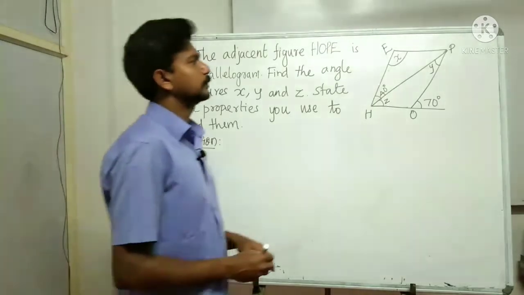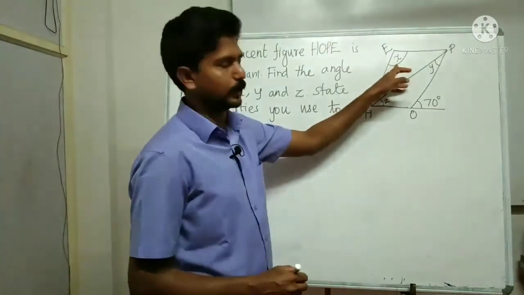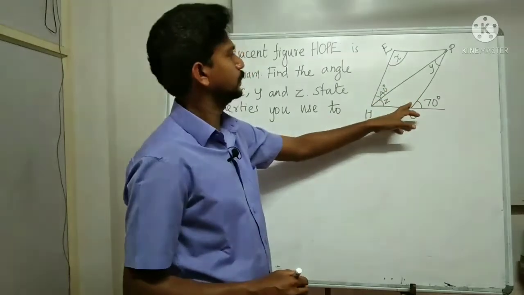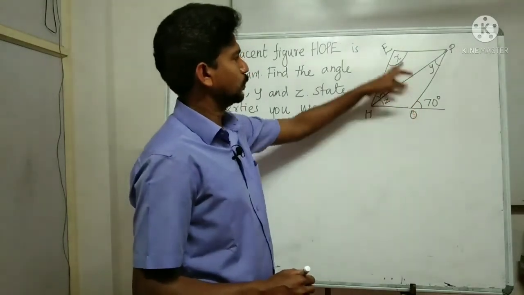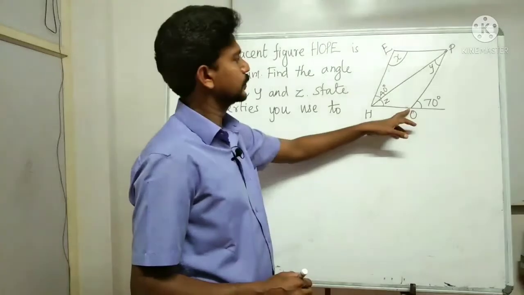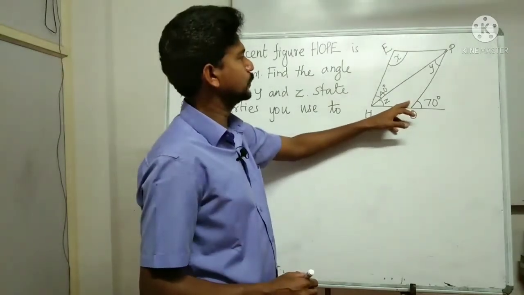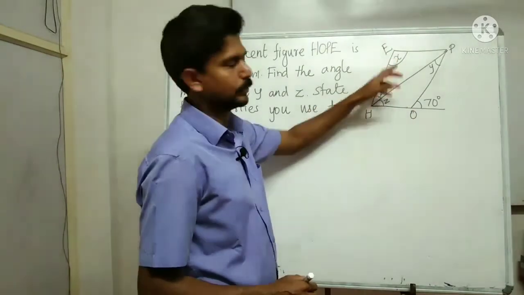Now we are going to find out x. To find x, if we know this angle, then the opposite angles are equal in a parallelogram. So if we know this one, we can know the x value.